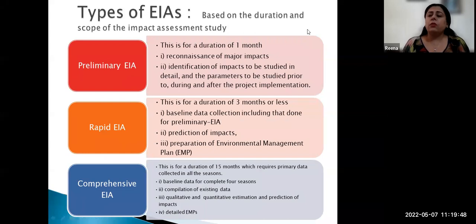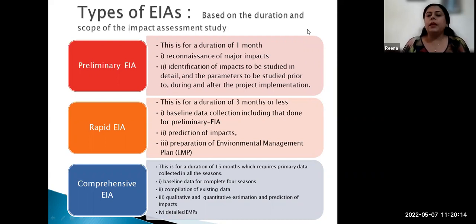So bank guidelines, again, they have an environment and safety impact assessment, ESIA document. So that is preliminary EIA, which is basically for reconnaissance of major impacts, identification of impacts. And so, most of the projects do not require environment clearance, but still EIA is done.